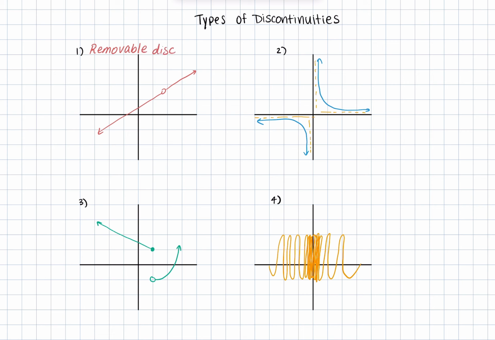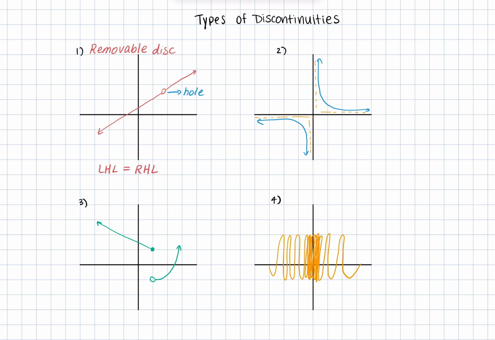So as you can see in this graph, or this function, we have a hole. This is the first criterion for a function to have a removable discontinuity. It has to have a hole, and the left-handed limit must equal the right-handed limit.